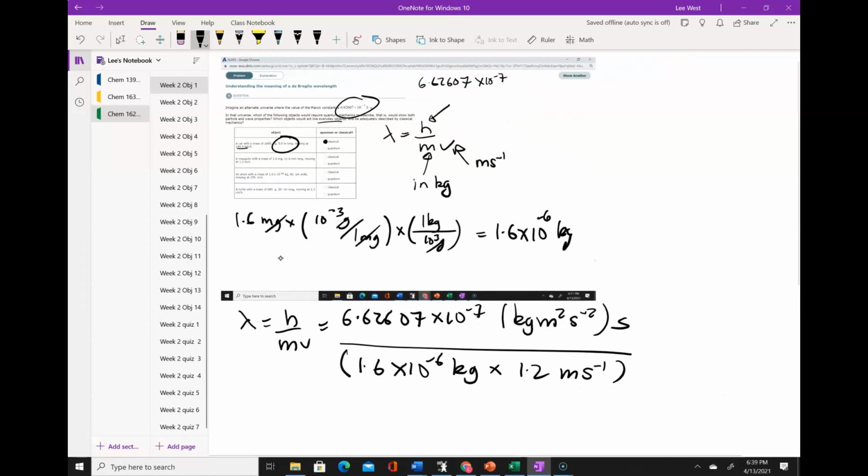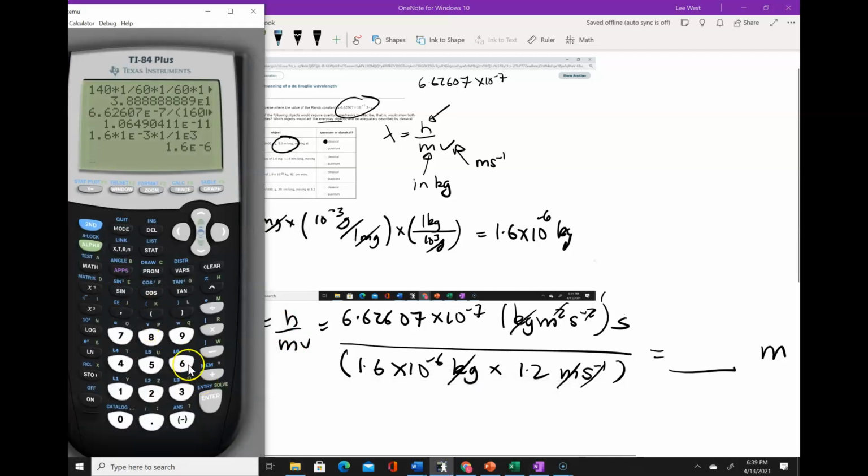So what happens? One of the meters cancels, one of those guys cancels, the kilograms cancel. That leaves me with seconds to the minus 1 times seconds, which is going to cancel. So ultimately my units will be meters. All right, so as long as everything's in the correct units, it's all going to work.